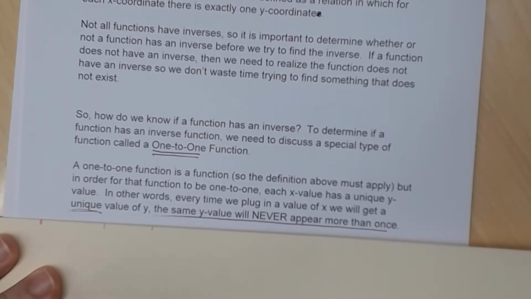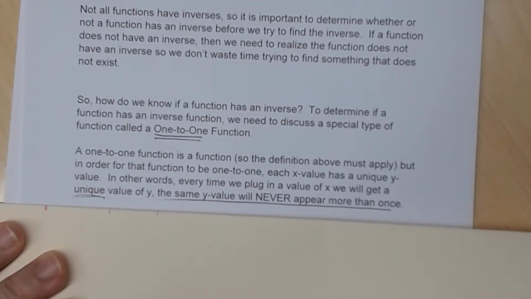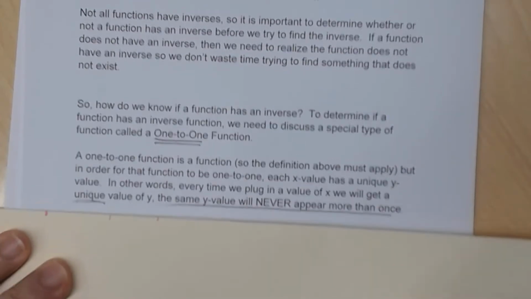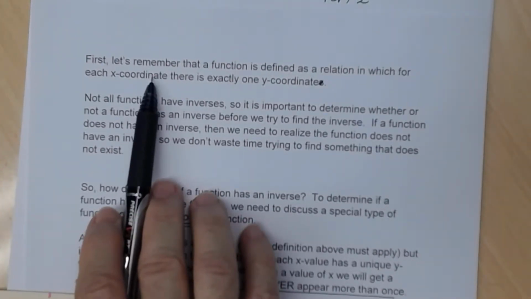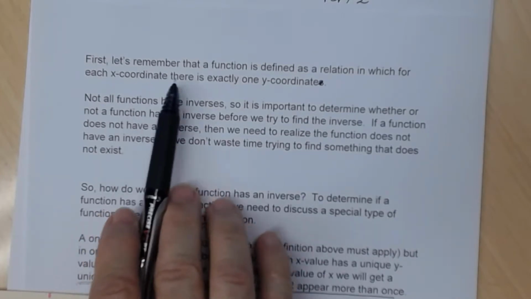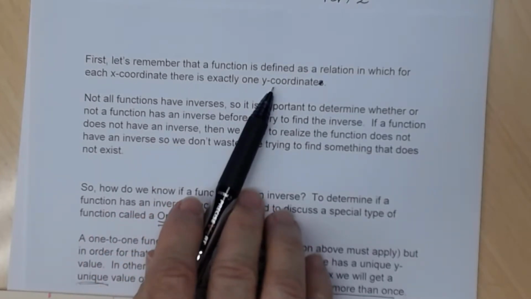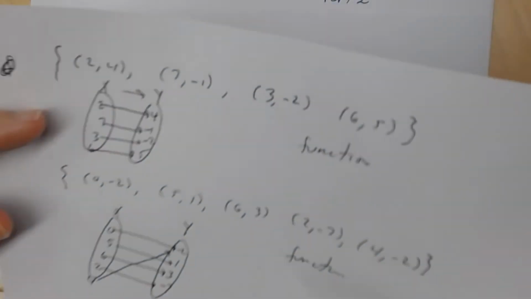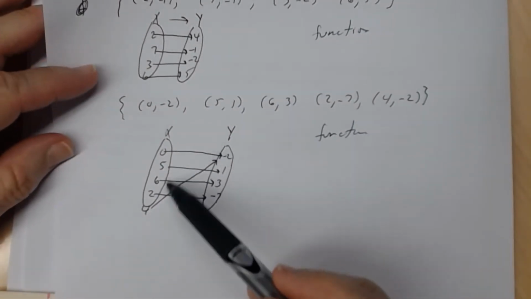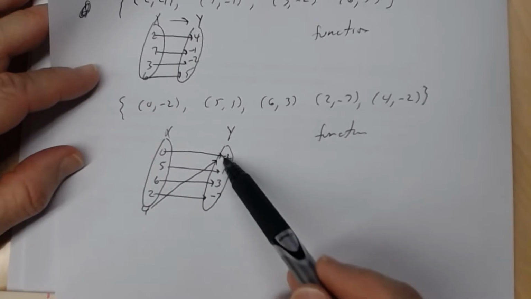So a one-to-one function: for each x value, there's only one y value, and that y value cannot appear again. So let's look at the definition of function. For each x coordinate, there's exactly one y coordinate. And we saw that in a function, different x coordinates can have the same y coordinate.